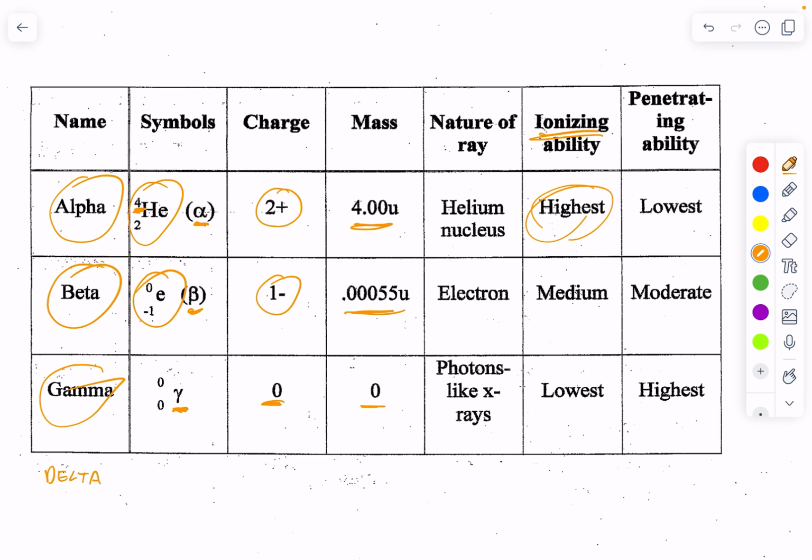Beta particles, their ionizing ability is much more modest. They're very small, but they do have mass, so we can rank them as medium on the low end, not halfway between high and zero, but on the low end there. And then your photons are going to have the lowest ionizing ability at all.